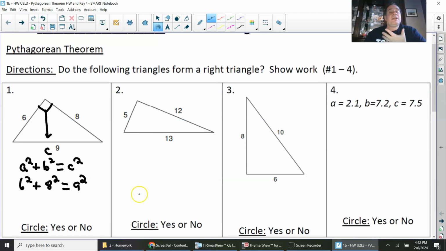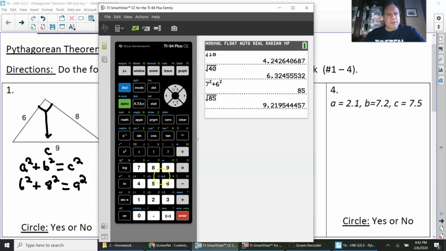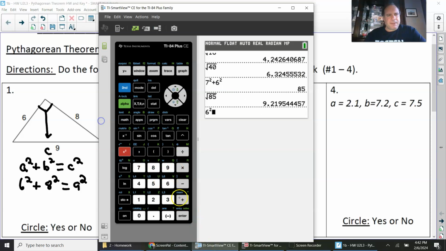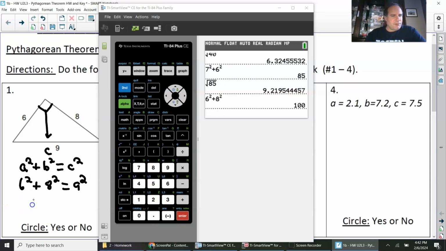And remember, you're trying to figure out if these sides form a right triangle. So I'm going to do 6 squared plus 8 squared. And when I enter that, that is 100. 9 squared is 81. We had that before. That's no.